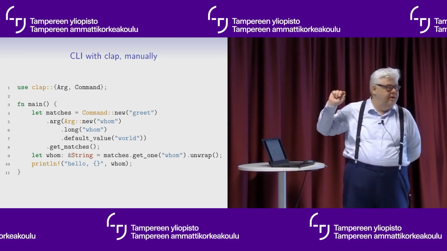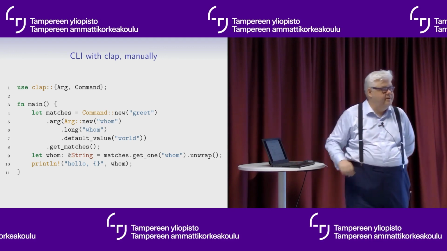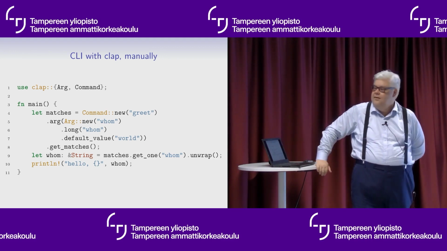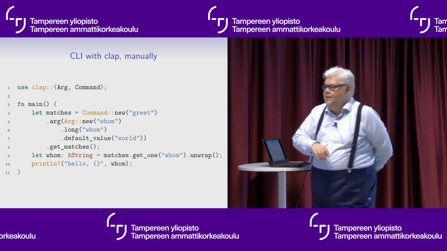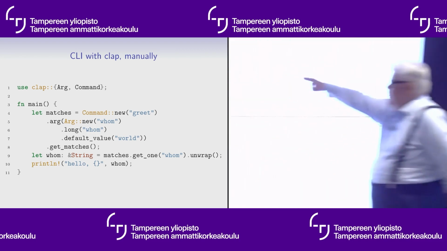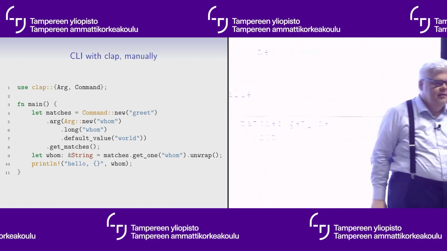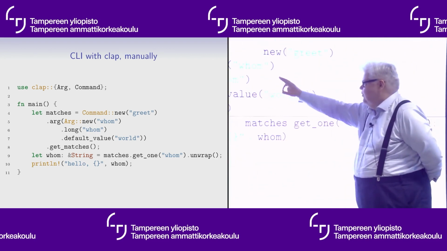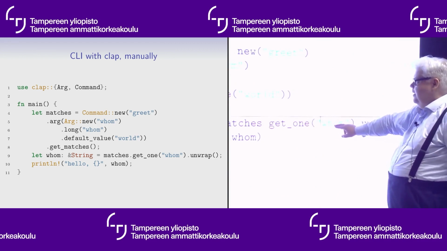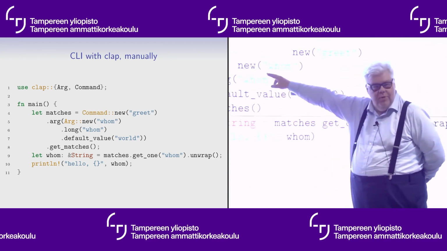So can the argument for new be arbitrary, or is it actually tied to the name of the argument? You mean this one? That can be anything. However, whatever you give here is what you need to use here, because this name is just for the option.